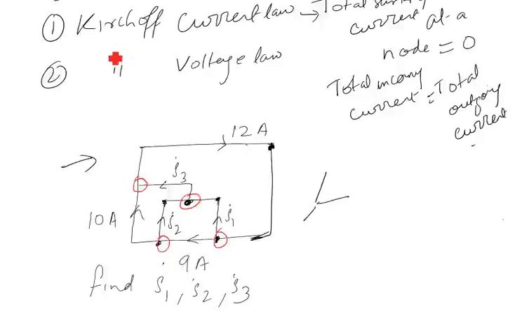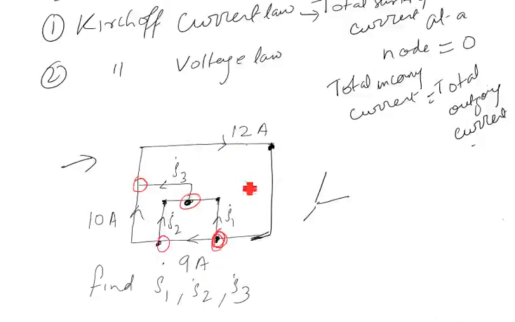So you can apply Kirchhoff current law to those nodes only. It says that the total current at this node will be 0. Suppose we check this node.